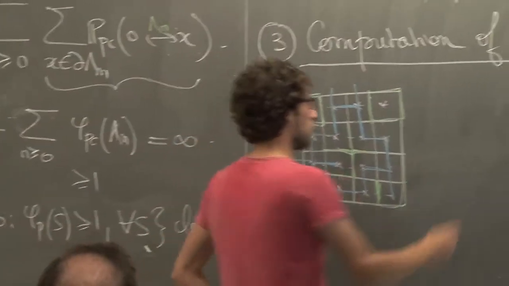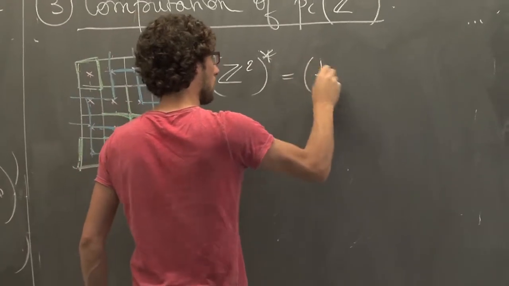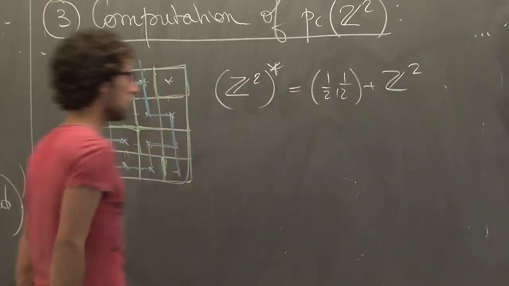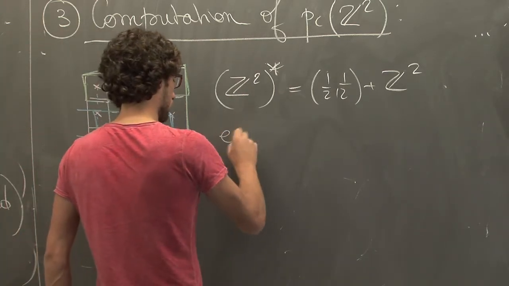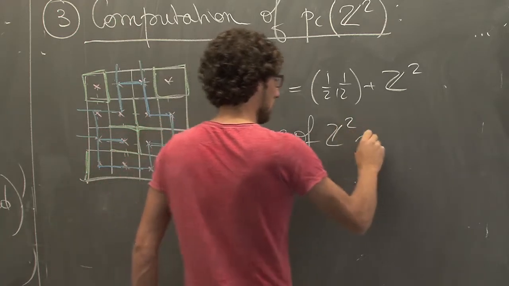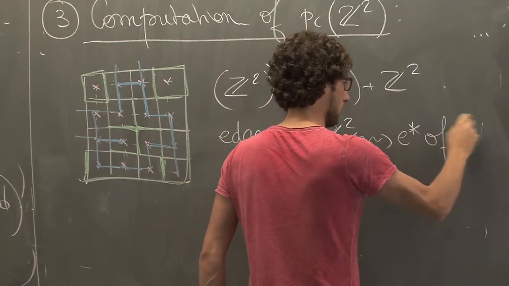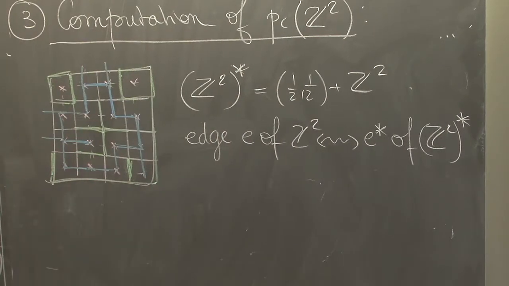So let me be more precise. You take Z^2, you take the dual of Z^2 to be just 1/2 plus Z^2. So it's a shift of the lattice. So for every edge e of Z^2, there is a natural correspondence with the edge e* of (Z^2)*, which is simply the edge that it crosses in its middle.